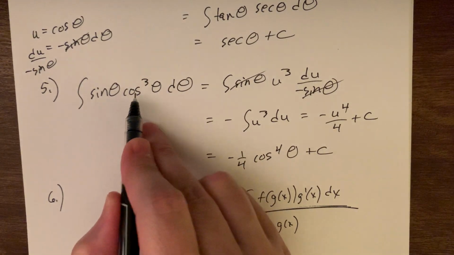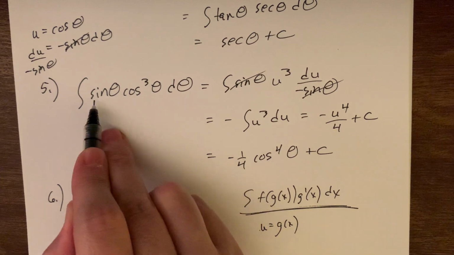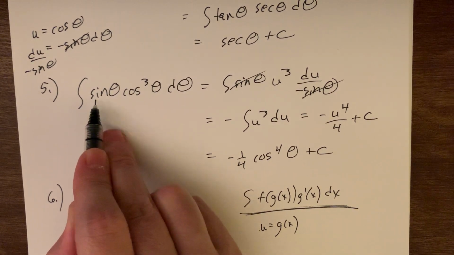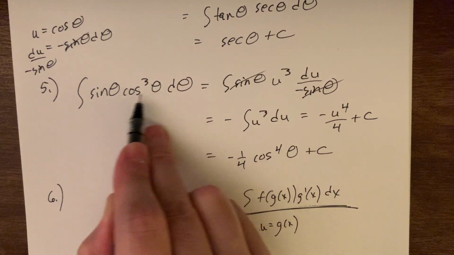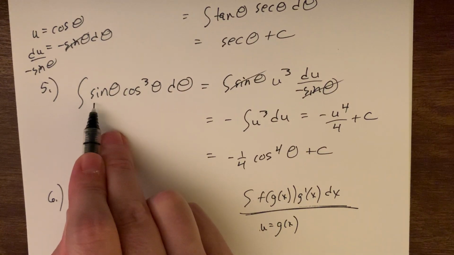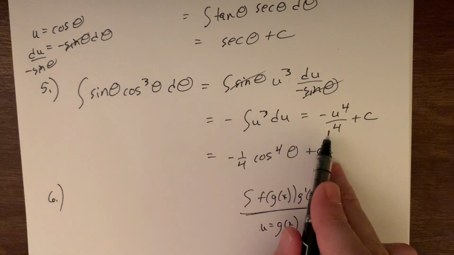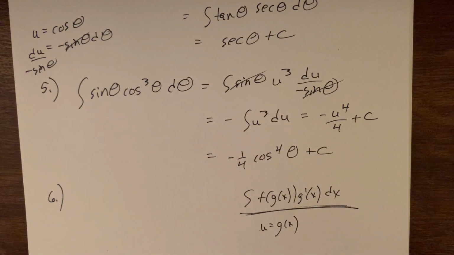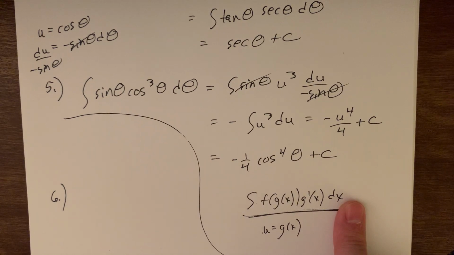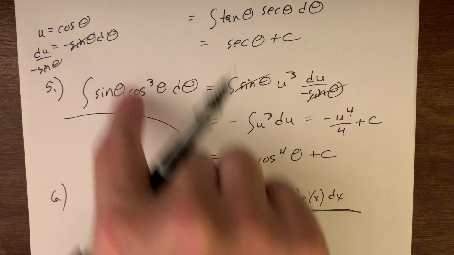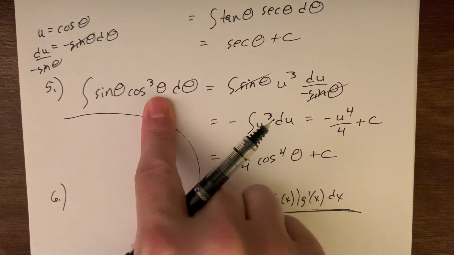There was my trig function to a power, and there was the derivative of that trig function. That's not the derivative of cosine cubed. It's the derivative of just the inner part, just the cosine. And again, we're not worried about the extra negative. That's good enough. We can make that work. So that's really what we're looking to do. And that's why these were both more of the ideal U substitutions.